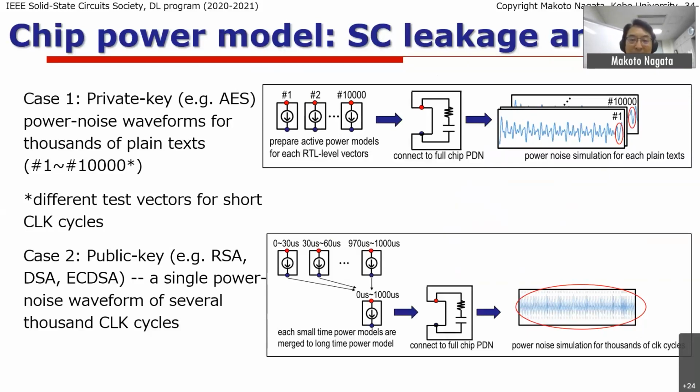Sometimes we may use a different place and route of the gates in the AES, or sometimes we may insert some additional capacitance or gates in the AES engine. Many tricks have been reported worldwide, and those can be explored in the design phase by using the 10,000 different plain text given to the AES with this simulation technique.